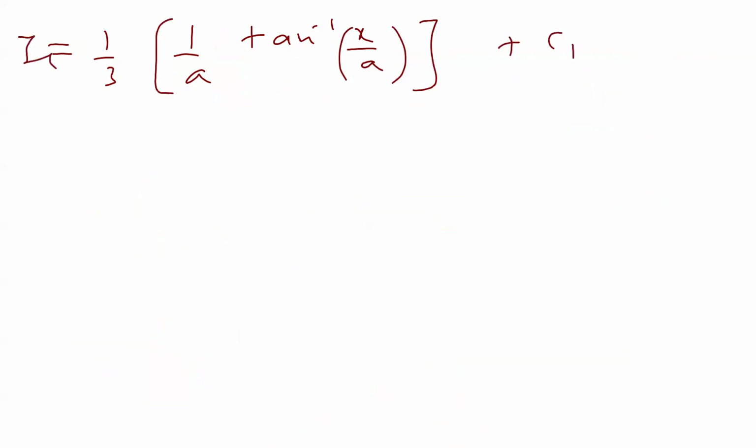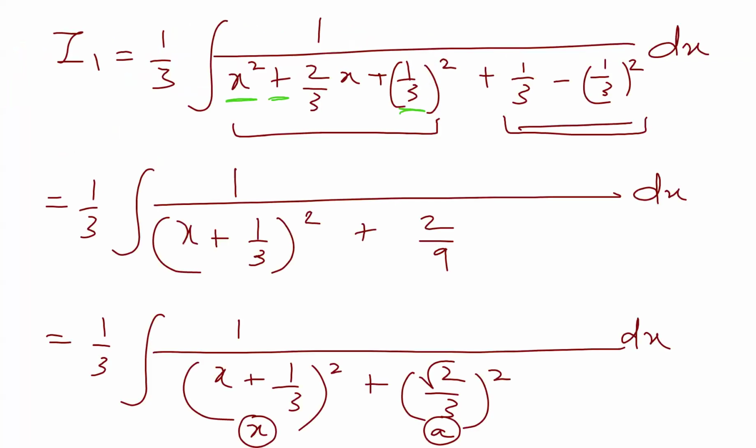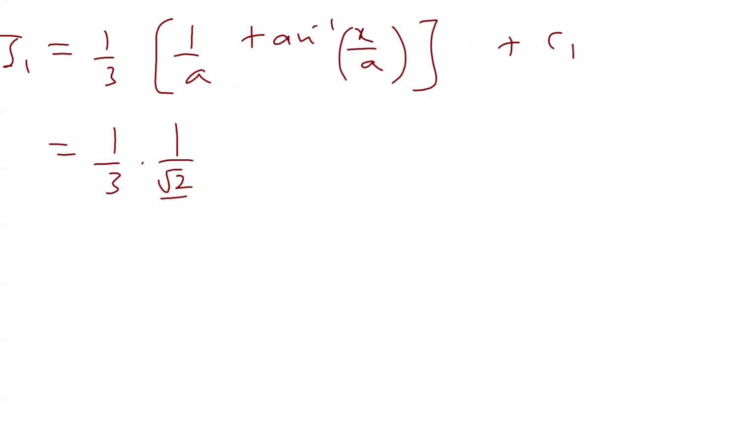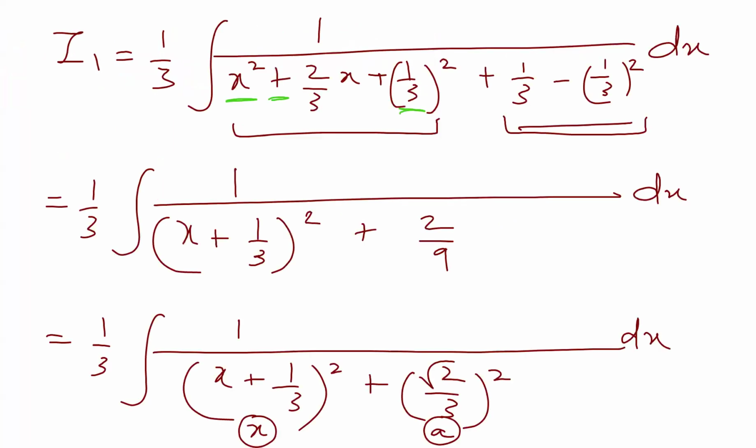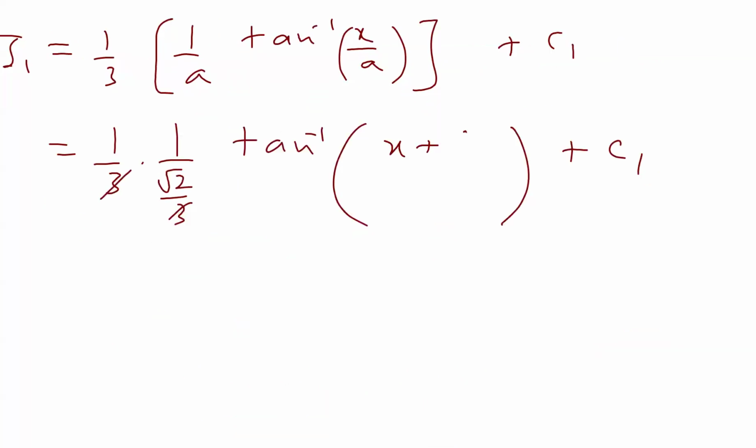I'm writing c1 because this is I1. So I'll show you what a is. A is root 2 by 3. So 3 will get cancelled. Tan inverse of x, and what is x? x plus 1 by 3 upon root 2 by 3.